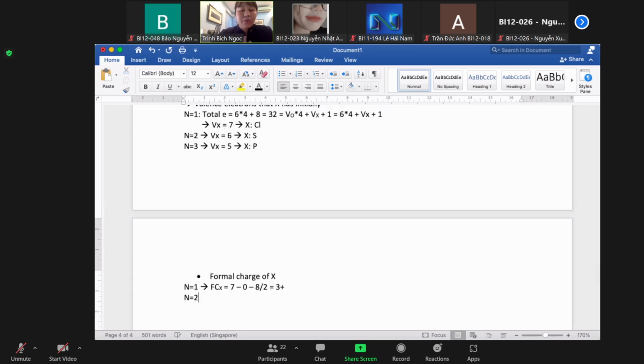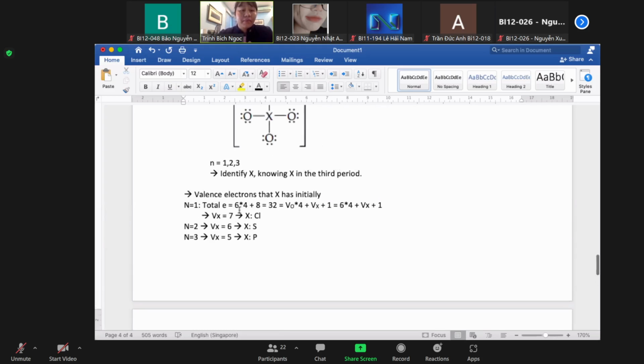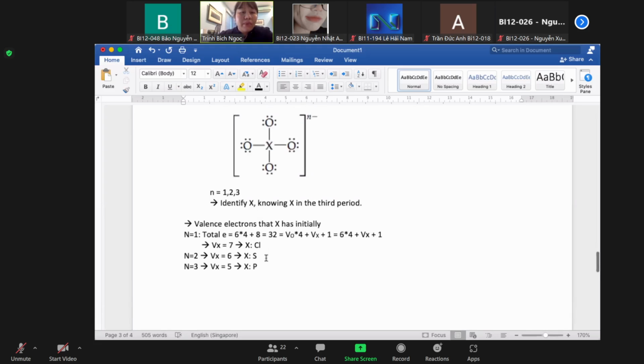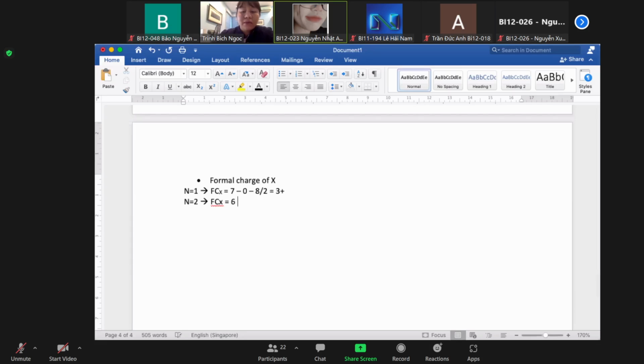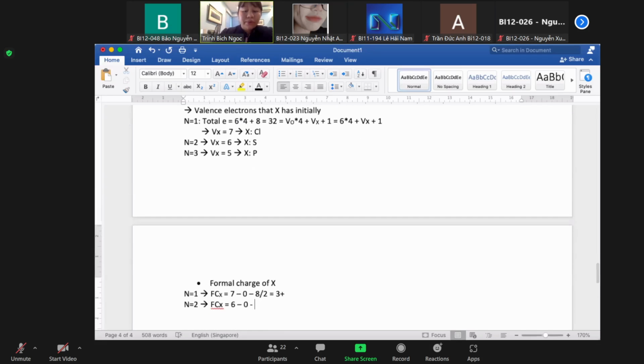N equal to 2. The formal charge of X will be, this is sulfur with 6 valence electrons. It will be 6 minus 0 minus 4, and it will be 2 plus.